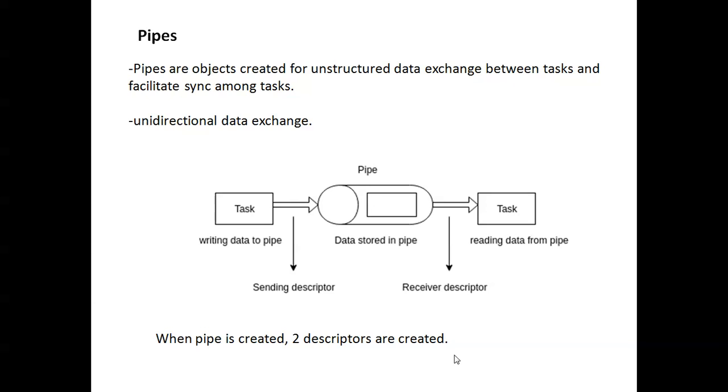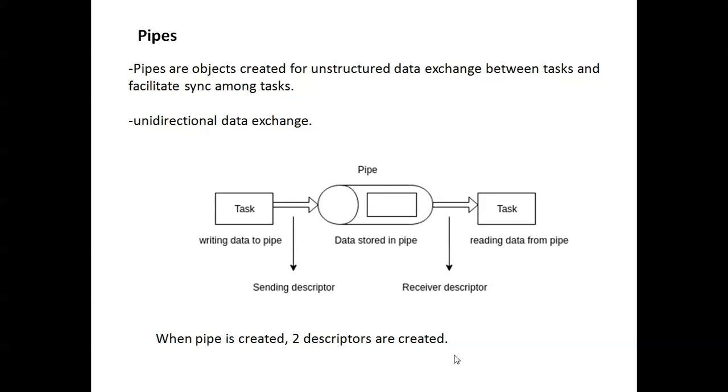That means synchronization between the tasks will be facilitated. Facilitated means it will move smoothly between the tasks. So unidirectional data exchange: one task writing data to the pipe, then another task reading data from the pipe.